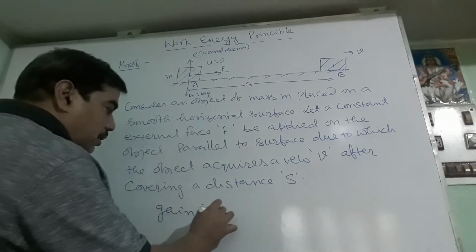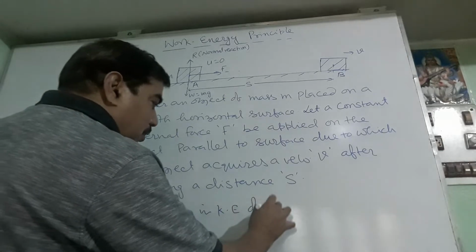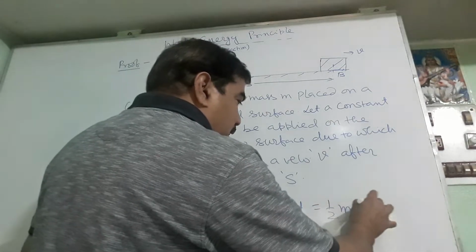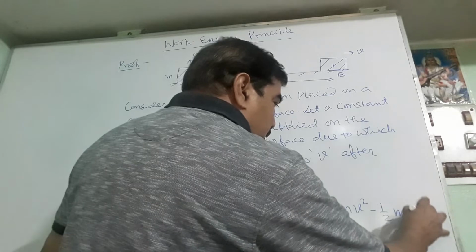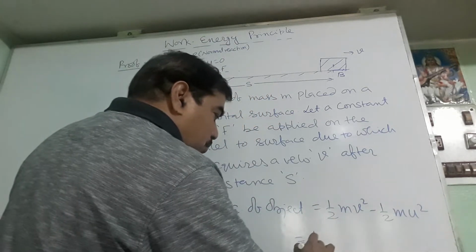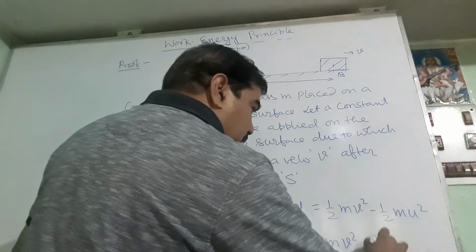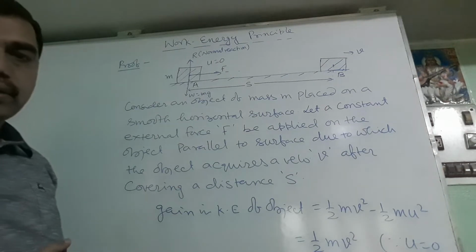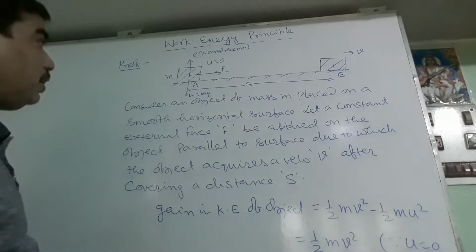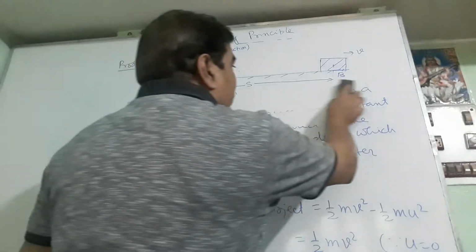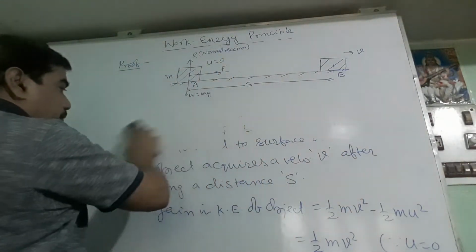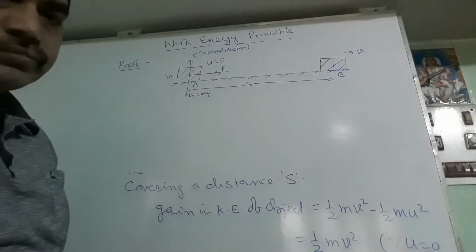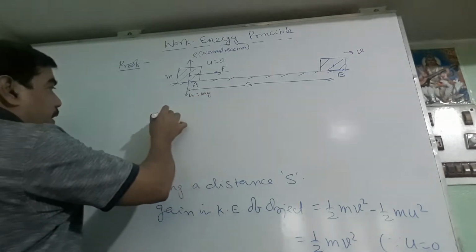So the gain in kinetic energy of the object will be half mv square minus half mu square. As u is 0, it will be half mv square only. So this is the gain in kinetic energy of the object. Now we will find the work done by all the forces. Before that we will find the acceleration.